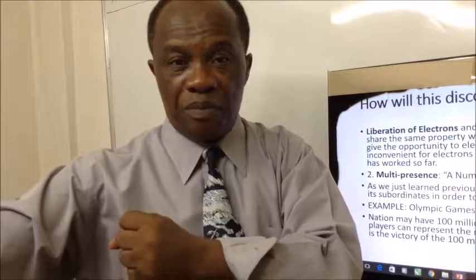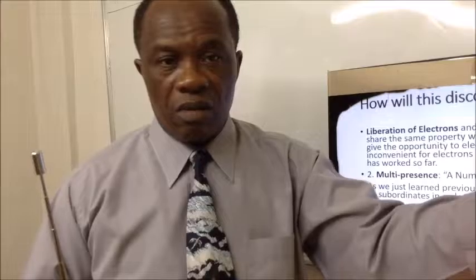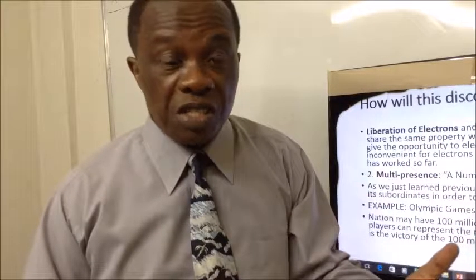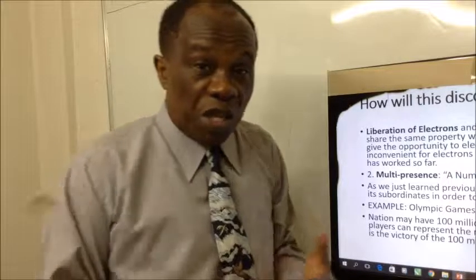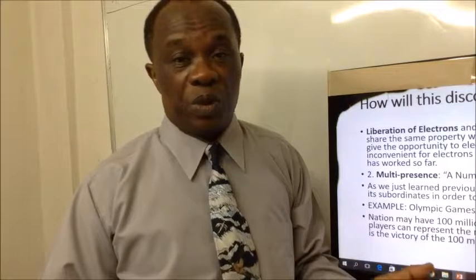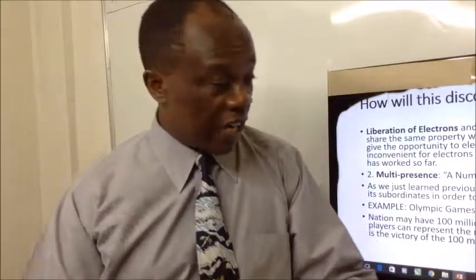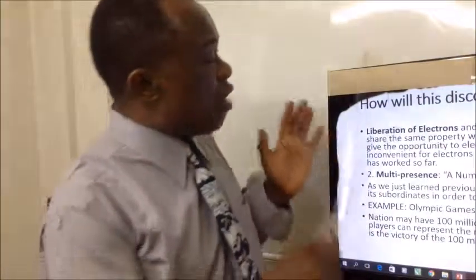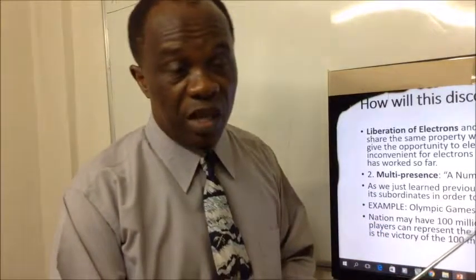Yes, they have a silver. They have a bronze. So all of this because of what numbers allow us to do. Numbers can allow us to be in many places at the same time. So they can allow first the electrons to be in many places at the same time.